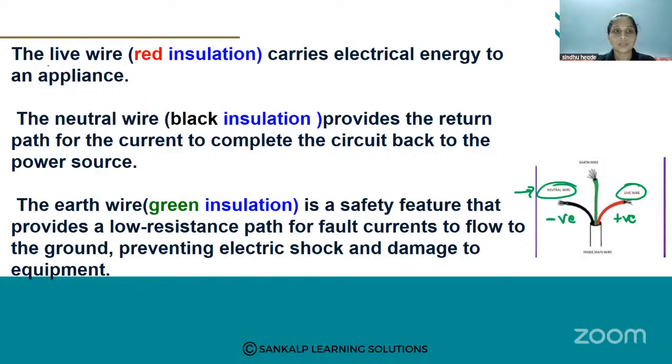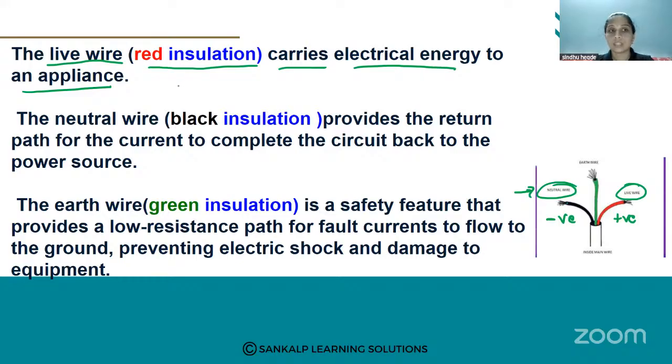First we will study live wires. It is insulated with red. So what is the work of this live wire? What work does the live wire do in the circuit? It carries electrical energy to the appliances. So the live wire supplies electrical energy to home appliances.